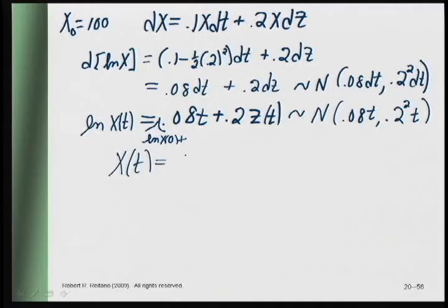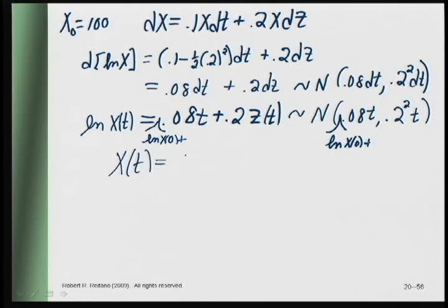But if I add up my dx's, I have to start from some place. And so the log of x of t will start off with the log of x of 0, and then all of my increments will get me to the final answer. And so in this normal distribution, I also must add the natural log of x of 0.